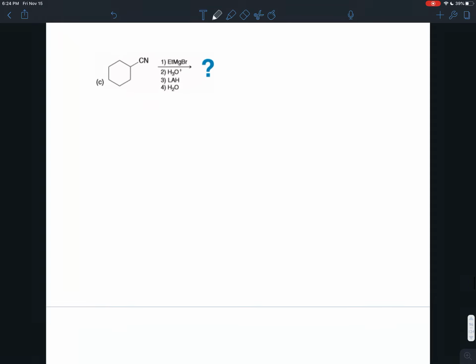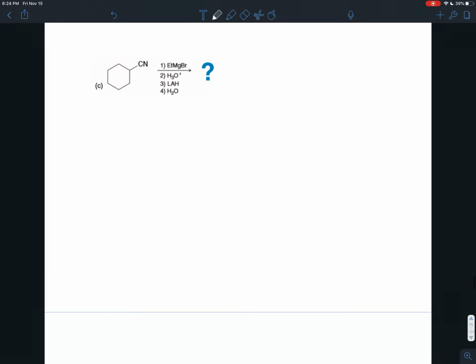Okay, so much for that. For C, well, here we have a nitrile again, and we have a Grignard reagent followed by acid. So we just drew the mechanism for that. I won't draw that again. What we have is we replace the nitrile with a ketone.